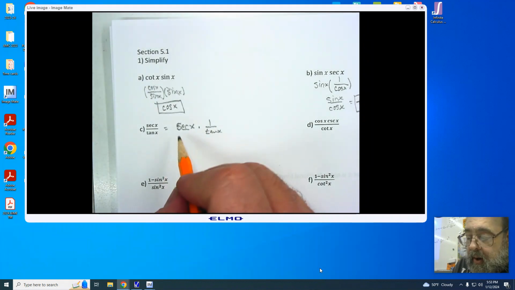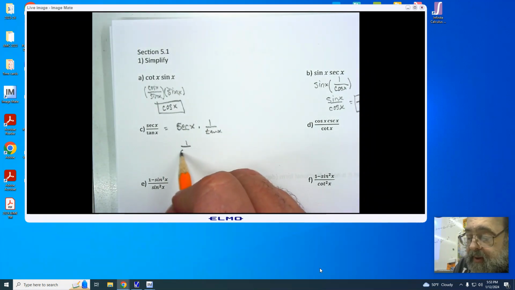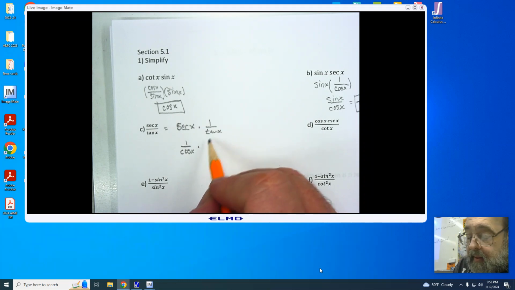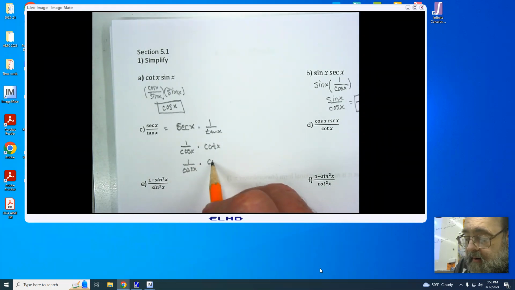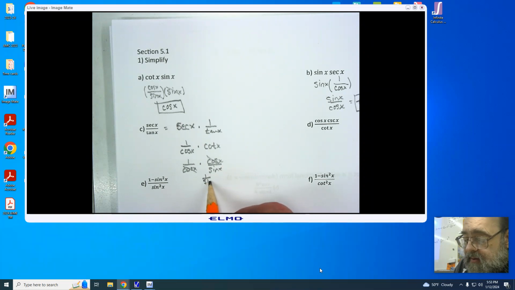And I'm now going to call this 1 over cosine of x, and this is going to be the cotangent of x. And then I have 1 over cosine of x times cosine of x over sine of x, and the cosines cancel, leaving me with 1 over sine of x, which we're going to call the cosecant of x.